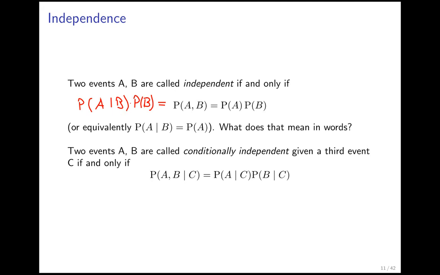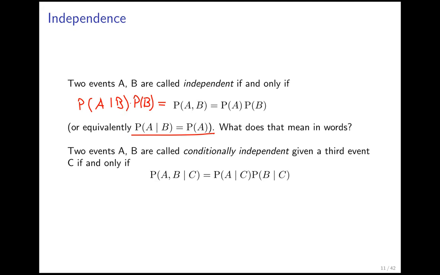Now, what does this mean? Why do we call A and B independent? Well, if the conditional probability of A given B is just the same as the probability of A, then this means that the event A is completely independent from the event B. So, given B, we have no extra information about A, and that's why we call them independent.